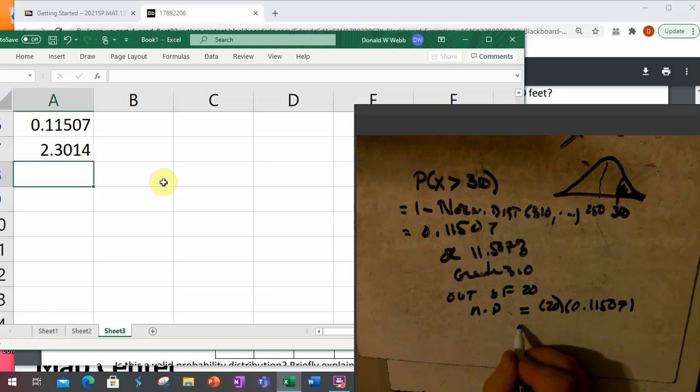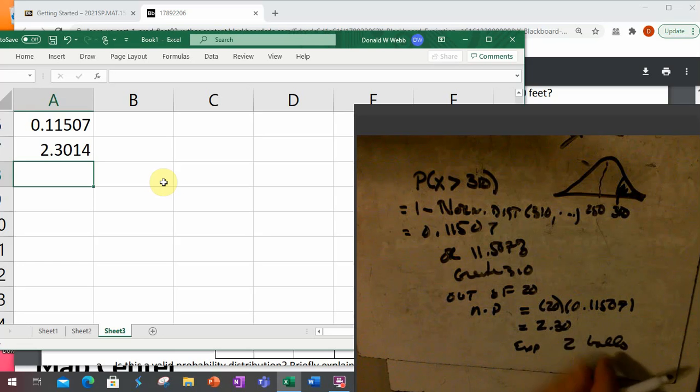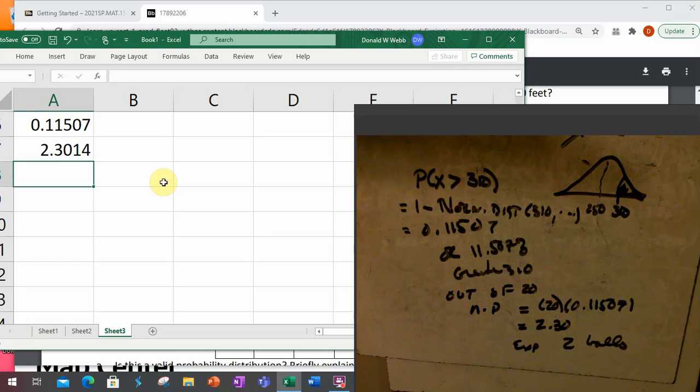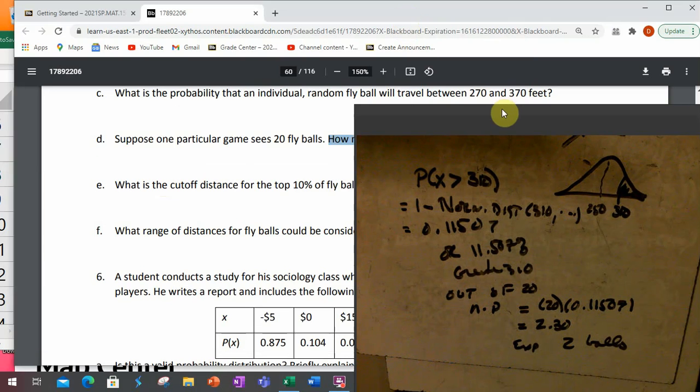So we would expect, this number is 2.30 on average. We would expect 2. We're going to be generous and go down. Could be 3, but I would expect 2. I don't want the average, like the mean. I want to say this many balls, and we're not going to chop up a ball.